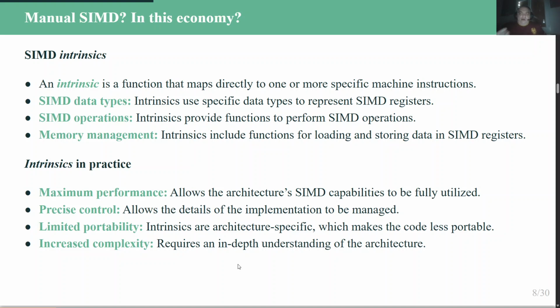But to use them, you are going to use specific data types that are usually ugly types, let's say it this way, that don't behave like you want, that need to be wrapped somehow, and you have to remember what you do with them. So intrinsics will provide the operations on those types. As we are going to see, it's not that easy, actually.